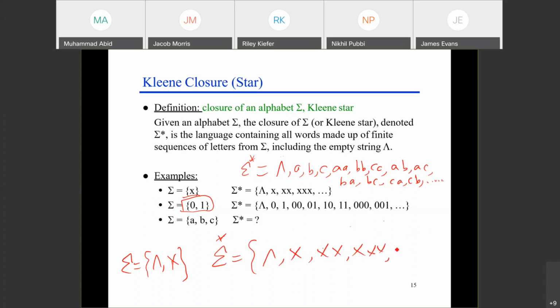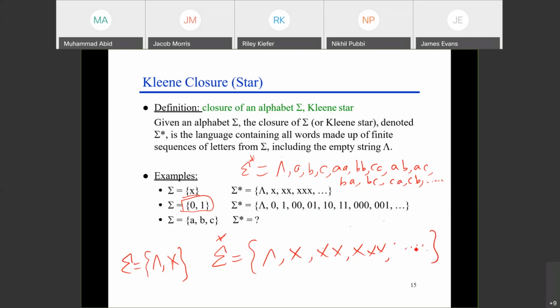There is another property of lambda. If lambda is concatenated with any other letter or word, it will vanish. So when lambda is combined with x, we can write it, and later when you simplify, lambda will vanish and you will only find x. That's the reason we do not write lambda with anything here. Lambda can also concatenate with itself, so it can vanish too and only one remains. You might have two lambdas, you might have three lambdas, but when you simplify, it will give you just one lambda. That's the reason we do not write this.